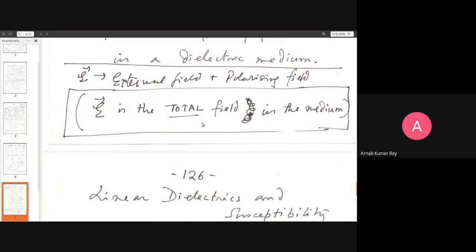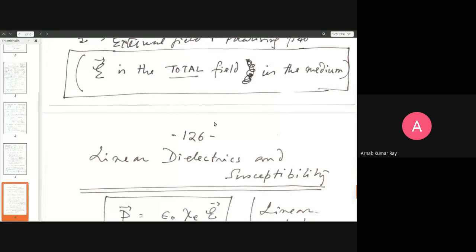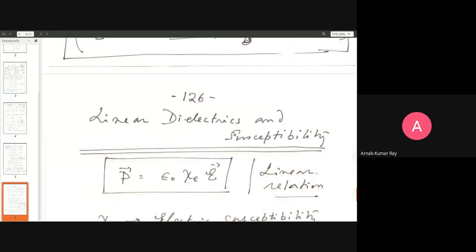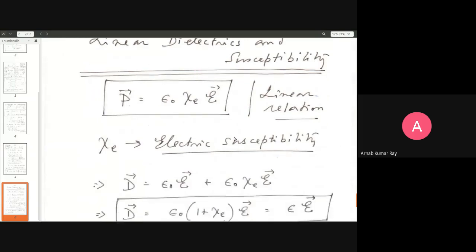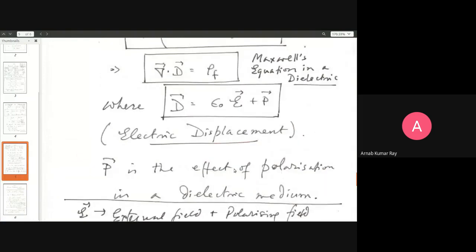Anyway, we are now entering the last topic of electrostatics: linear dielectrics and susceptibility. Let us see what we have here.